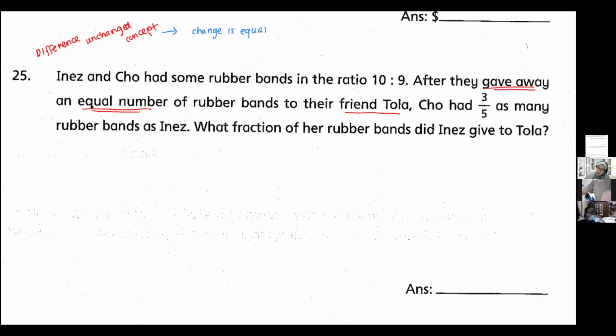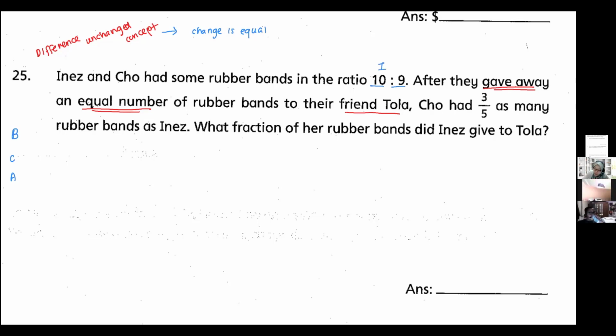In this case, the change is equal. All right. So as usual, for the difference unchanged concept, you must identify the before, the change, and the after. Let's identify these three things. Ines and Cho had some rubber bands in the ratio of 10:9.